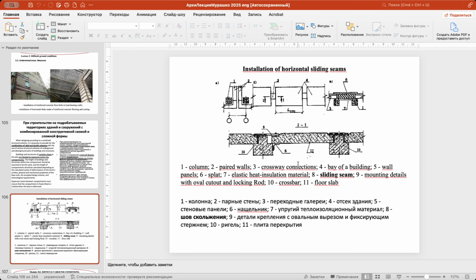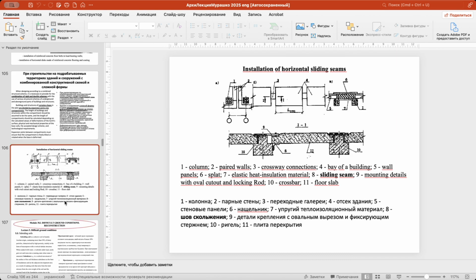So that is why, when we design a building on undermined territories, we can use both rigid and ductile schemes, or combined, when we are connecting separate rigid parts of the building with the ductile elements between them.